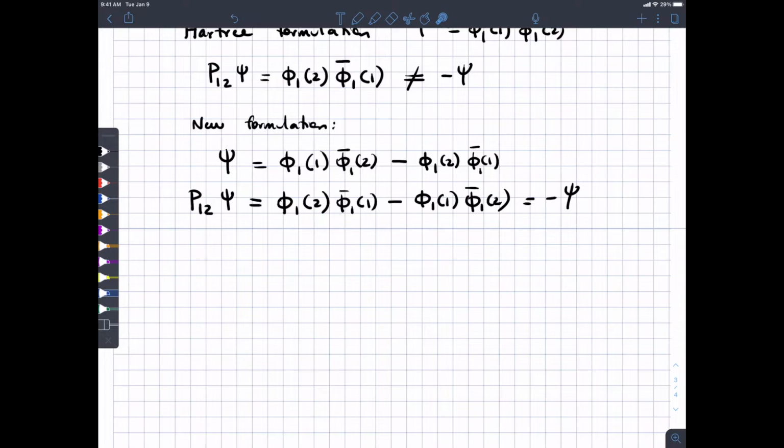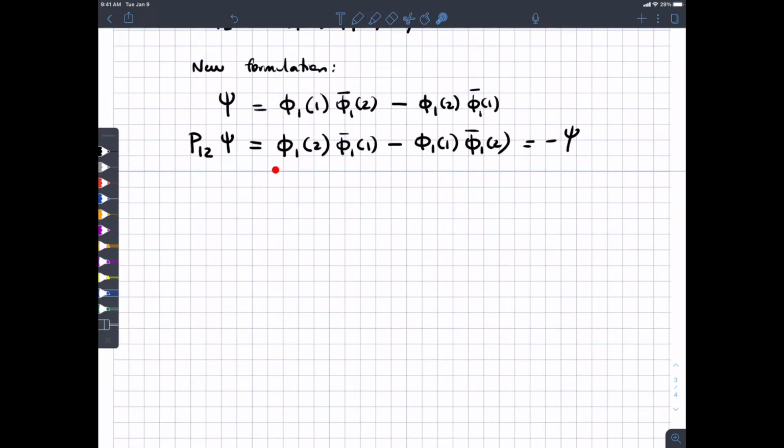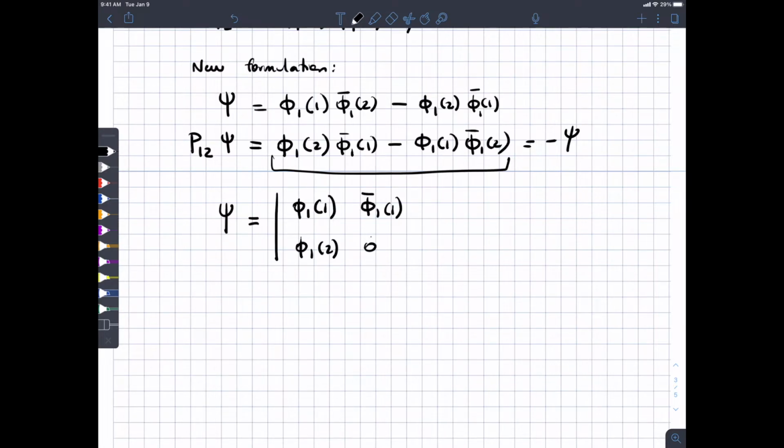Sometimes rather than represent the wave function this way, you may have noticed, it's okay if you didn't, that actually this wave function has the form of a determinant. A determinant is a particular kind of product that you make from elements of a matrix, and you get it from linear algebra. So if you've never had linear algebra, my guess is you still had some algebra and did some determinants.